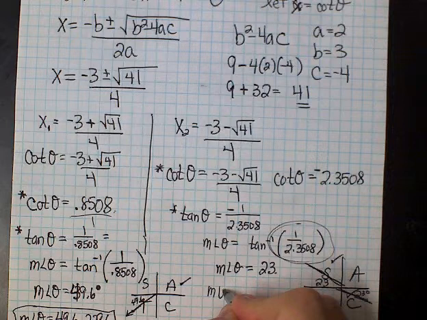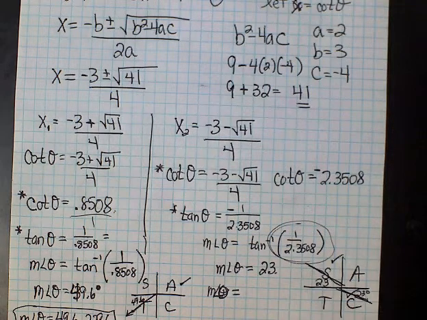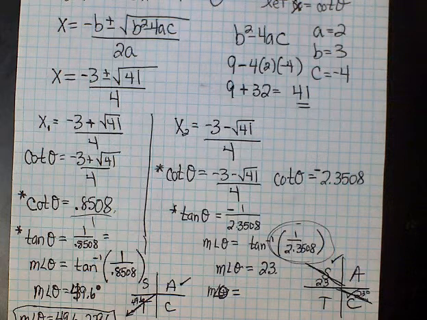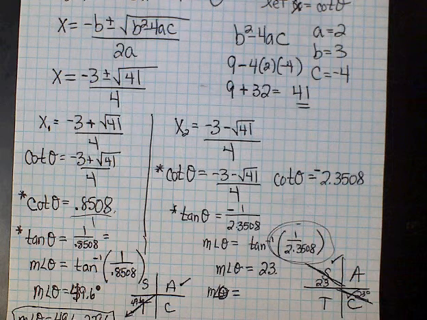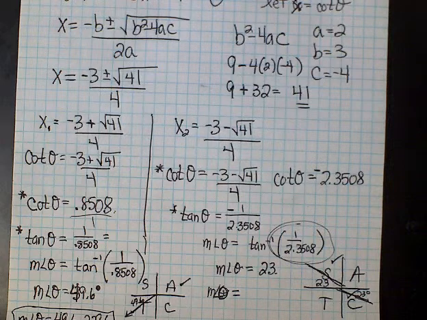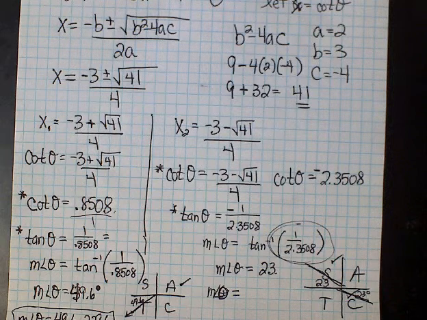So the measure of angle theta, what's that? Since we're taking it from both sides, 23 degrees from the x-axis. Don't connect them. All you're going to do right now is, once you draw them, tell me from the standard position what that angle is.